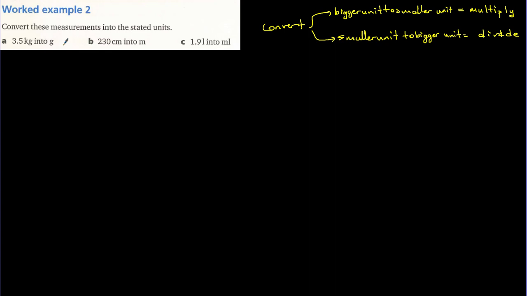So I need to know the conversion unit between kilogram and gram, and I know this one: 1 kilogram is equal to 1000 grams. So kilogram is bigger than gram, and we are converting 3.5 kilograms into grams, which means I'm converting bigger unit to smaller unit. So bigger unit to smaller unit means you are going to multiply.